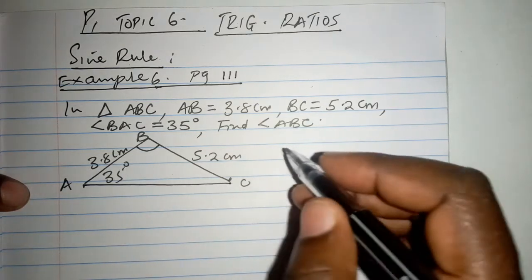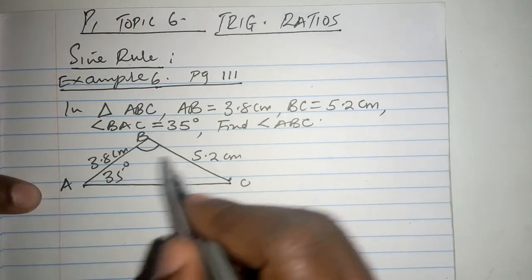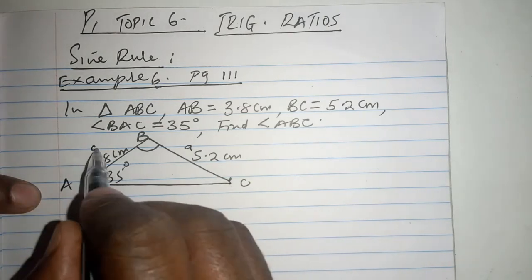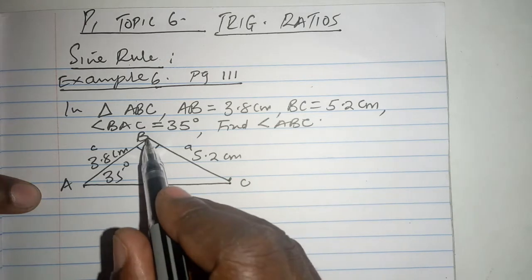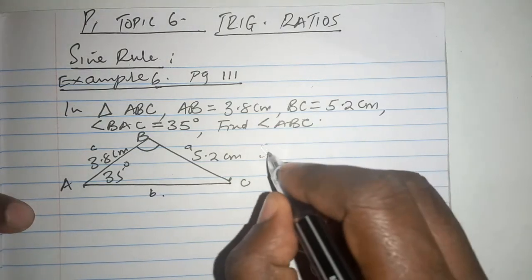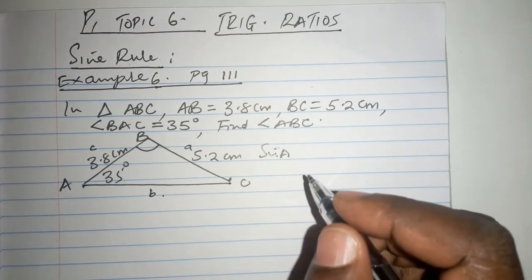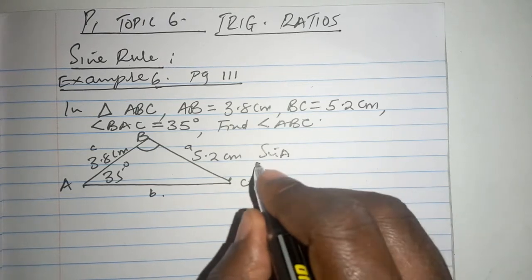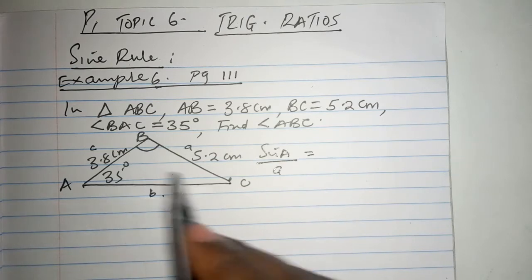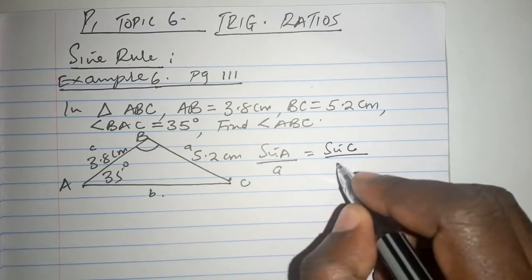That means we can say that if this is vertex A, this is side A. If this is vertex C, this is side C. And if this is vertex B, this is side B. So it follows that the sine of A, we have to use that arrangement because we are using the angle, over A is equals to the sine of C over C.